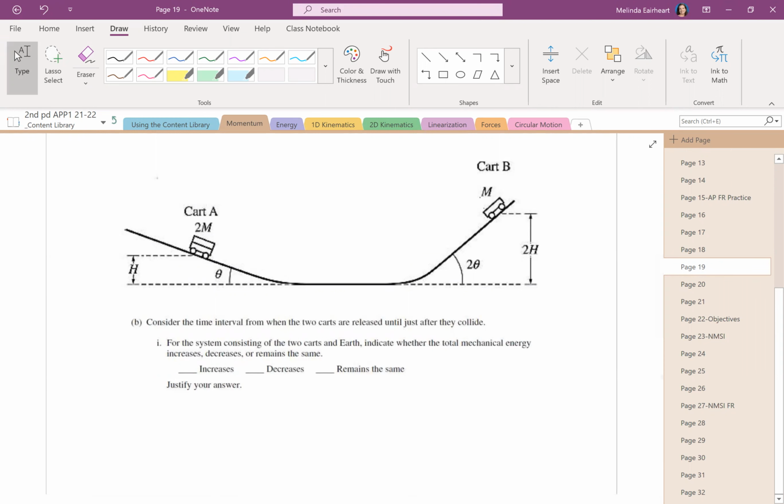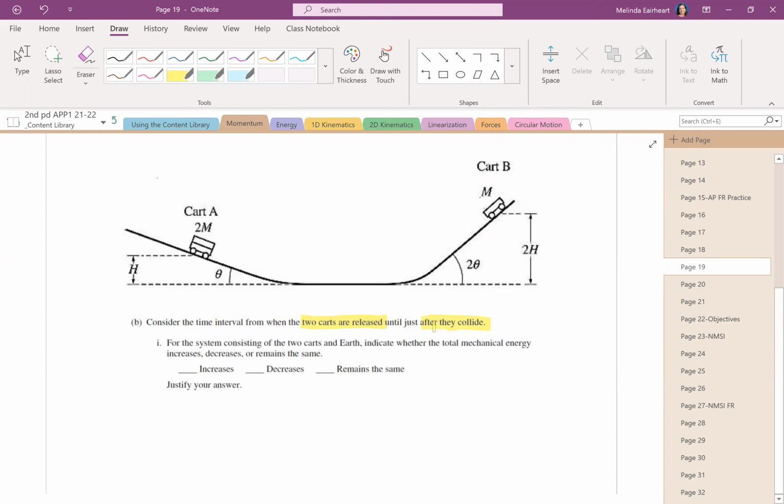Same picture. It says, consider the time interval from when the 2 carts are released from rest. Remember that? They didn't remind us, but it was released from rest until just after they collide. By the way, if you answer these questions from when they're released till they go to the bottom of the ramp before the collision, you'll get the wrong answers, okay?